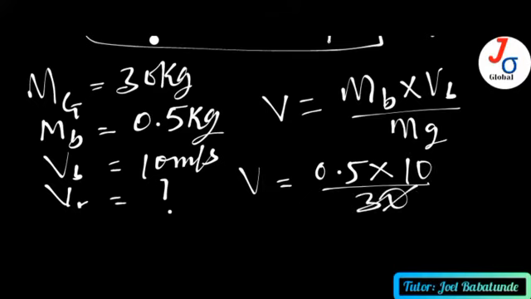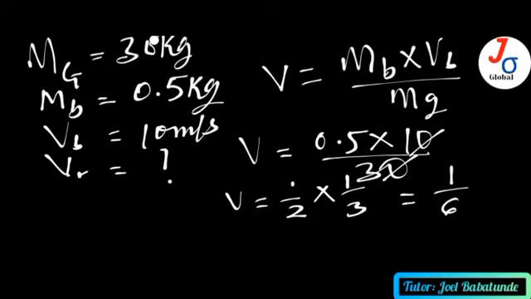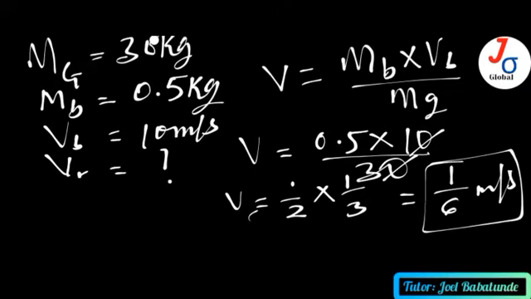So this cancels this, and we're left with 0.5, that's half, multiplied by 1/3, and that gives us 1/6. So this is the recoil of the gun.